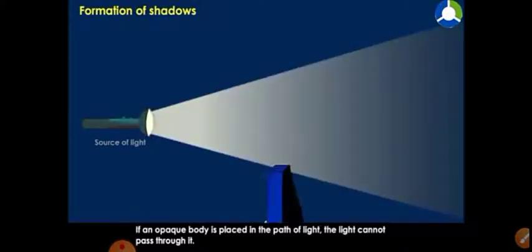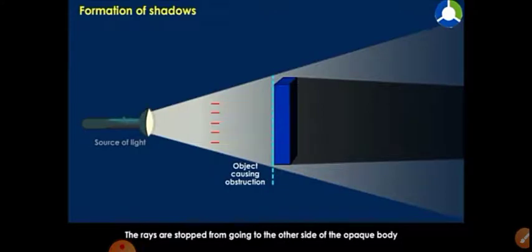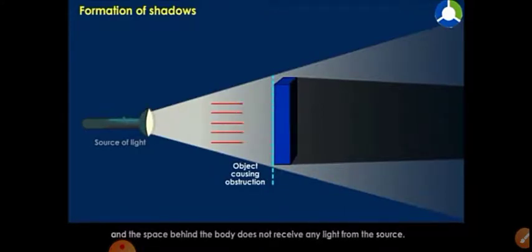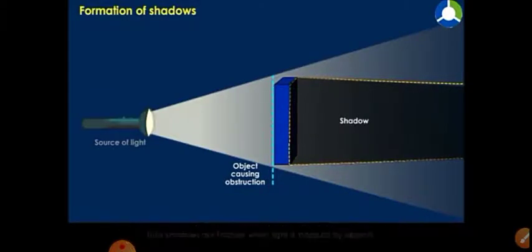If an opaque body is placed in the path of light, the light cannot pass through it. The rays are stopped from going to the other side of the opaque body, and the space behind the body does not receive any light from the source. The space behind the opaque object where the light cannot reach is called a shadow.